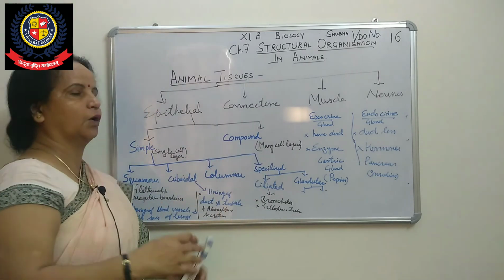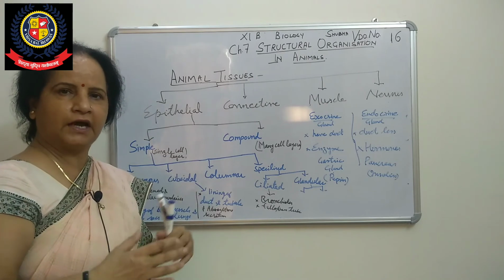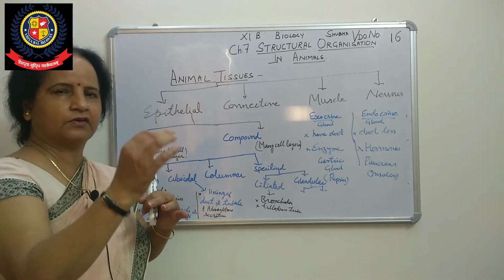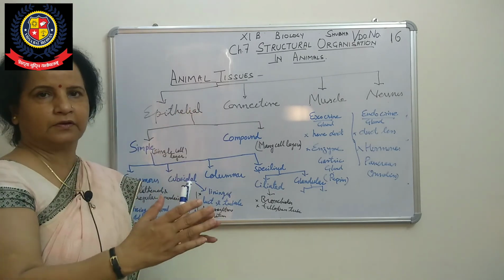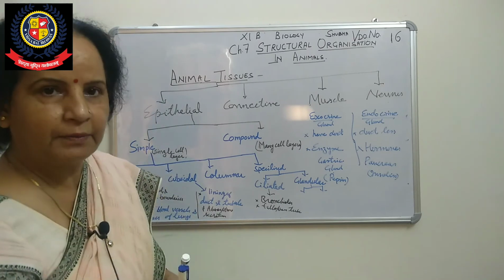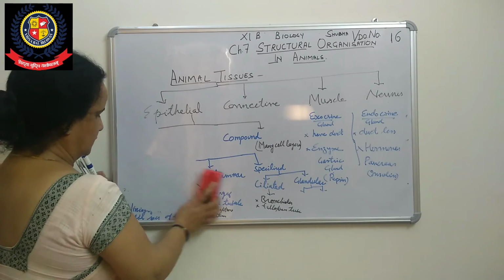Now see how they are interconnected, because you know that all animal tissues are compactly arranged together, leaving very little intercellular space between 2 cells. Because they are arranged compactly, they are forming a strong wall.